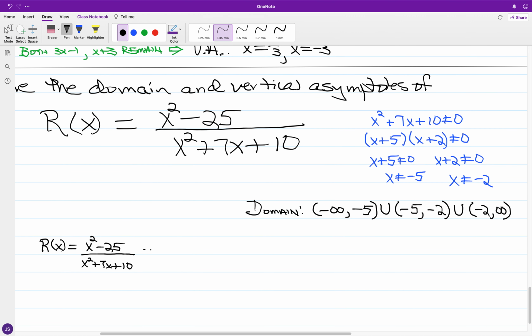So for x squared minus 25, we have x plus 5 and x minus 5. And for x squared plus 7x plus 10, factoring, we have x plus 5 as well as x plus 2.